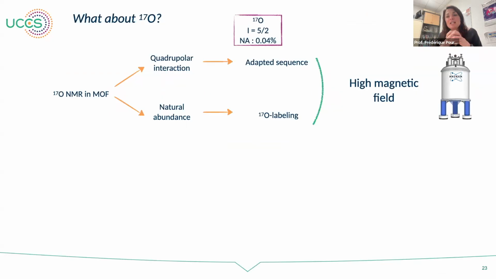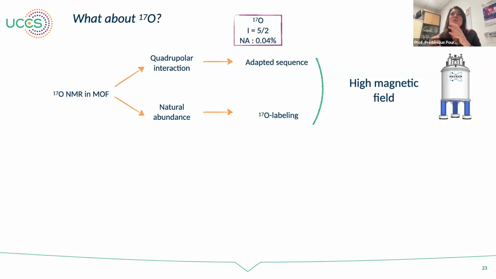We looked at the zirconium-91 in this compound, and now we wanted to observe the oxygen-17. Unfortunately, as you know, the natural abundance of the oxygen-17 is only 0.04%, and you need an oxygen-17 labeling in order to record experiments in a good amount of time.